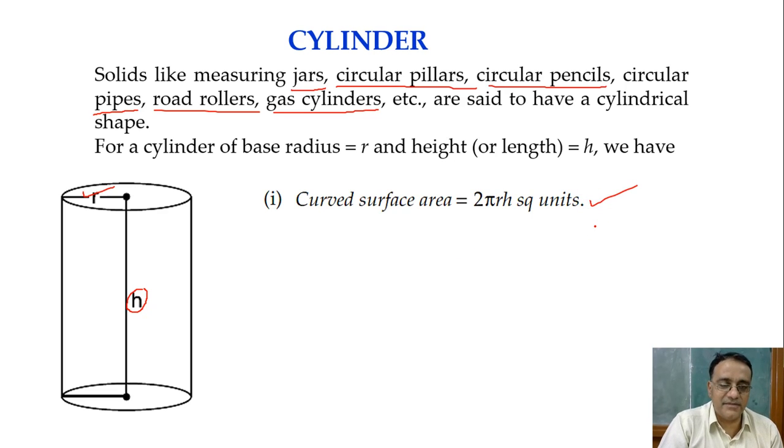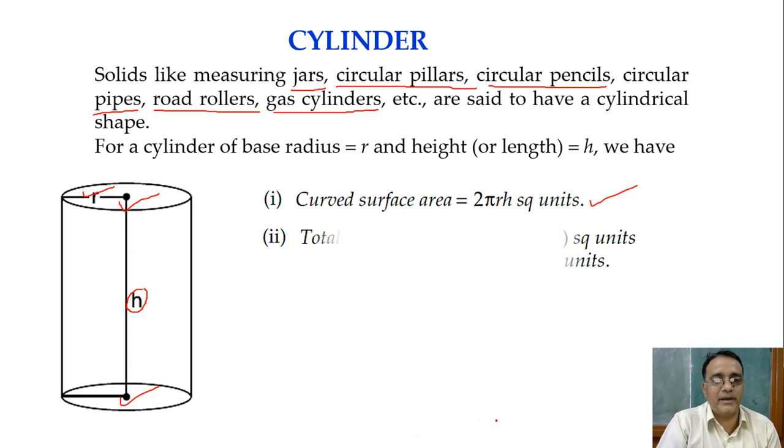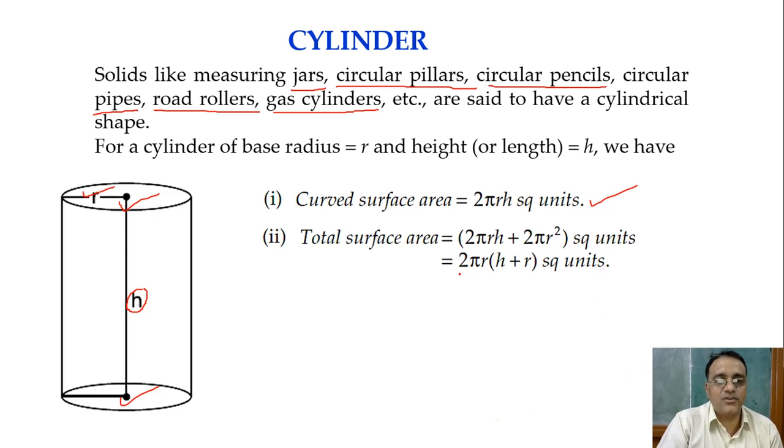And what is the total surface area? 2 pi r into r plus h. How do we get it? CSA plus area of top plus area of bottom, pi r square plus pi r square, that is 2 pi r square, and taking 2 pi r common, we get h plus r or r plus h.